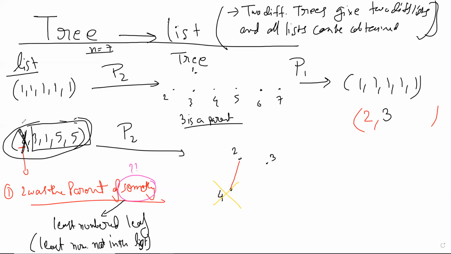If you're writing it on a computer, the computer is not so smart and doesn't understand conceptually what's going on. If you tell it in a very straightforward way, just remove the first element of the list, also remove the 4 from your original array, and then ask what is the least number not in this. Simple, right? So that's 2, but we can also intuitively understand that it should be 2.